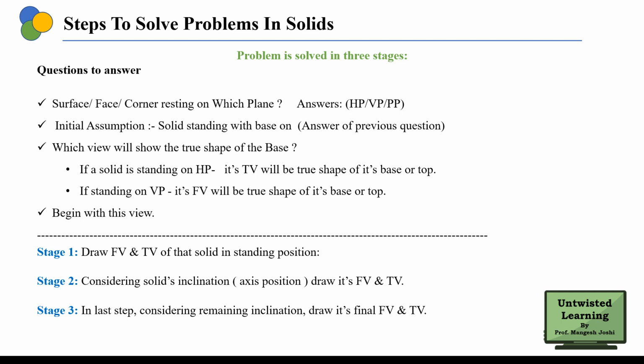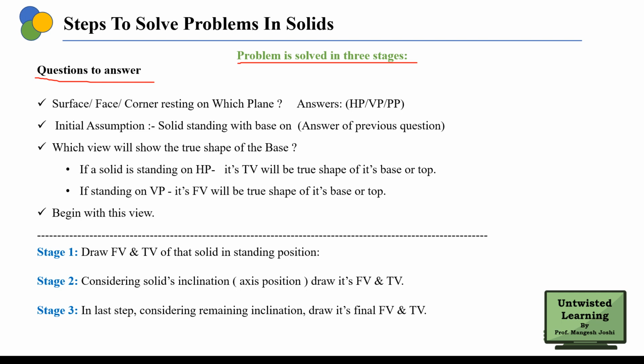Steps to solve problems in projection of solids. Similar to projection of planes, these problems are solved in 3 stages. For that you need to answer some questions. Whenever you get a problem statement, you will answer these questions first so that you will get the starting point of the problem.